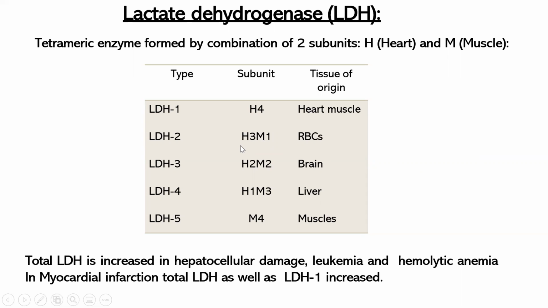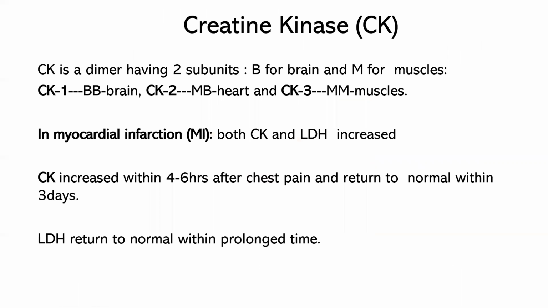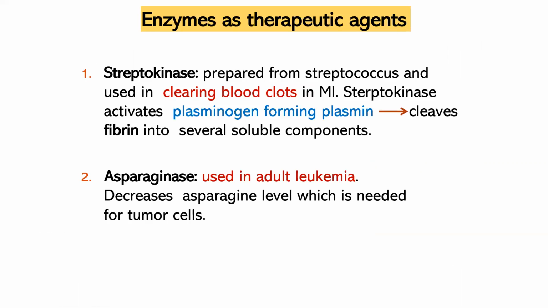Those are the different subunits. And what do we test? For example, LDH is increased in certain conditions. Similarly, creatine kinase levels go up within a very short time, so you can use it for diagnostic purposes.